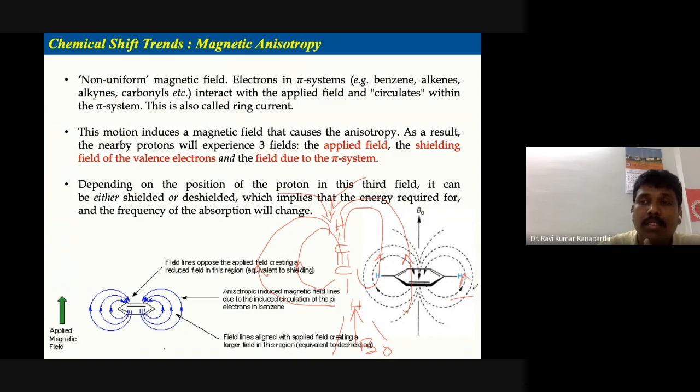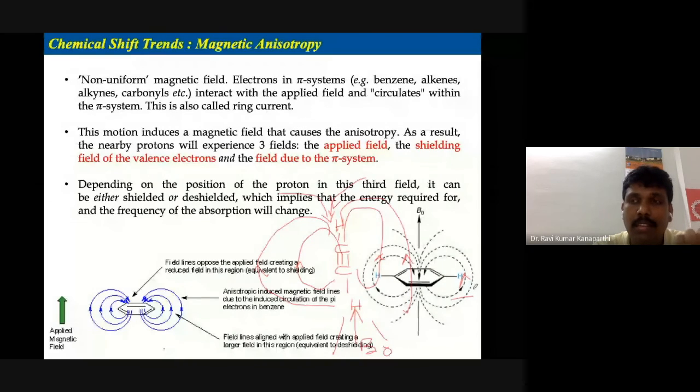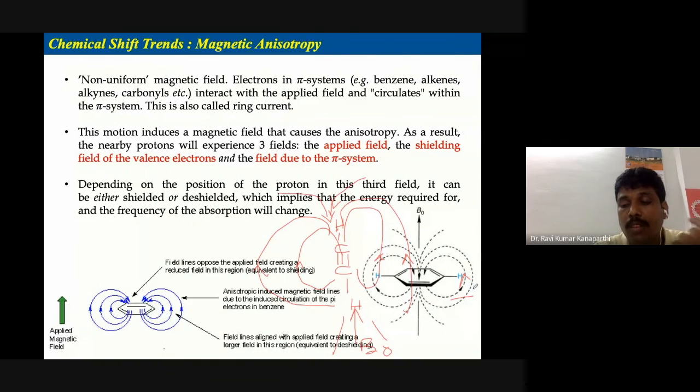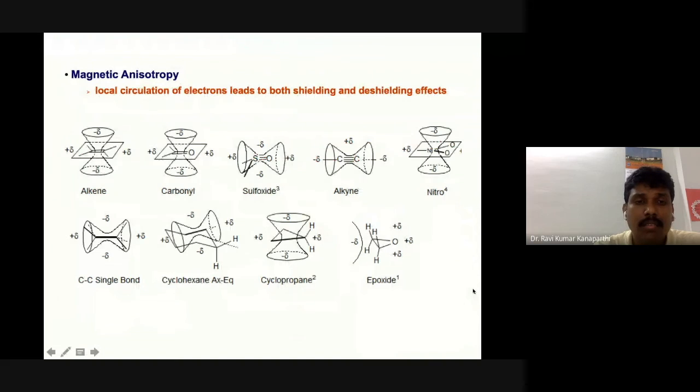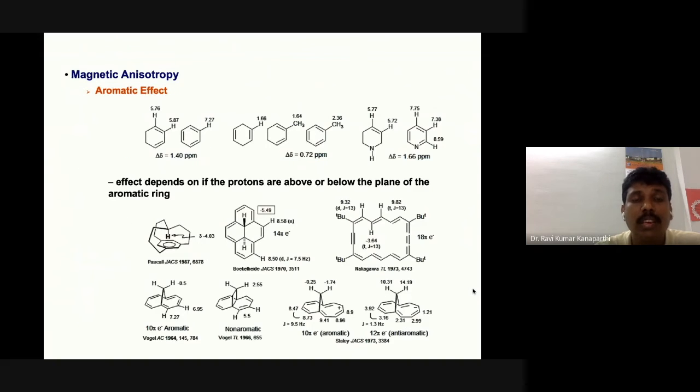And in the case of alkyne, the protons are present in a diamagnetic region, so the chemical shift values will be observed in the smaller region. The same discussion is valid for the various types of protons tabulated in this diagram.